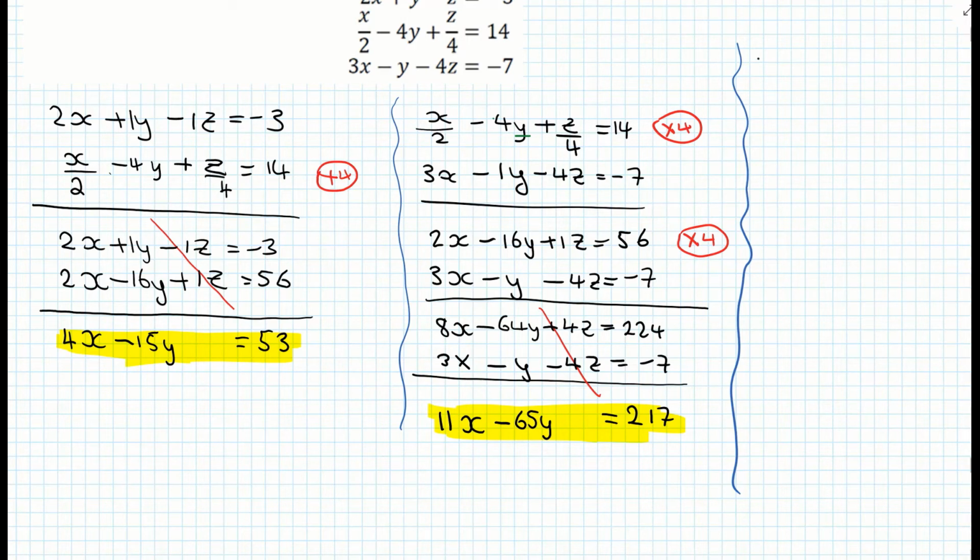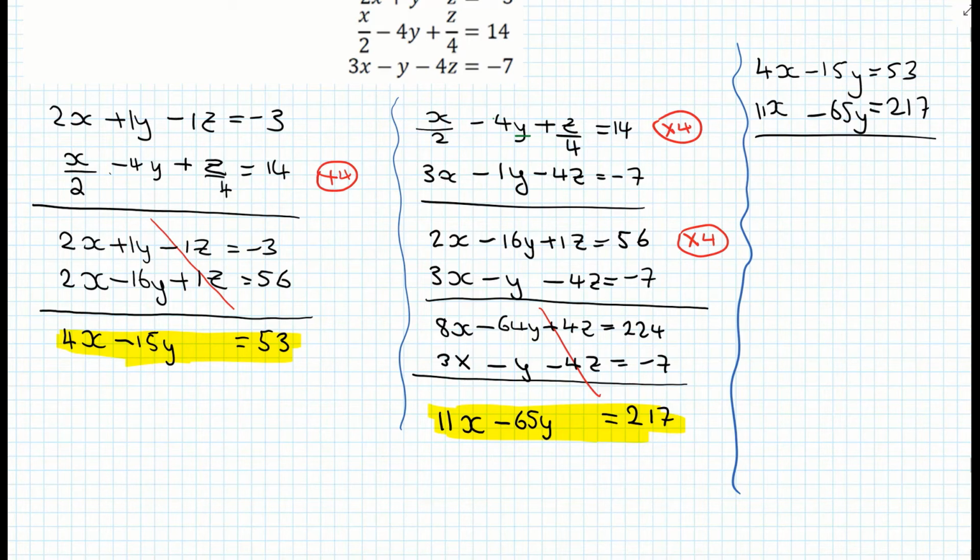So I have 4x minus 15y is equal to 53, and I have 11x minus 65y, so quite large numbers here, equals 217. I now need to cancel out the x's and the y's.